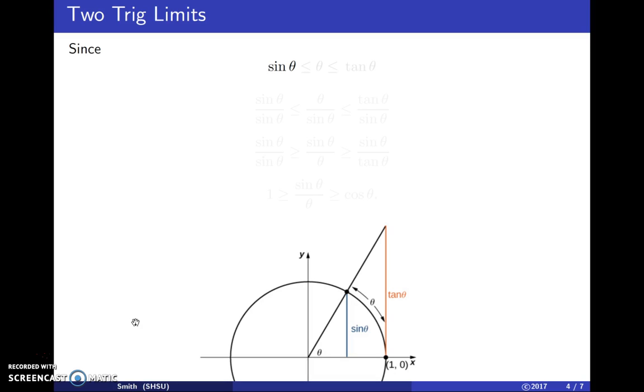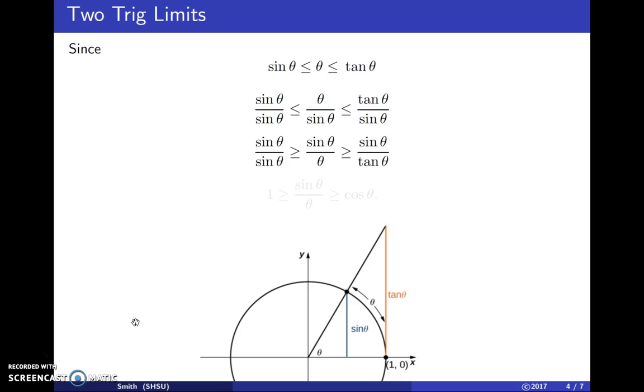Then because, as we said a moment ago, sine of theta is less than the tangent, if we divide everything by sine of theta, which is positive in this picture, we get this image. And because of these inequalities, if we take reciprocals, we will change the direction of the signs so that sine of theta over theta is greater than or equal to that, which is greater than or equal to this.